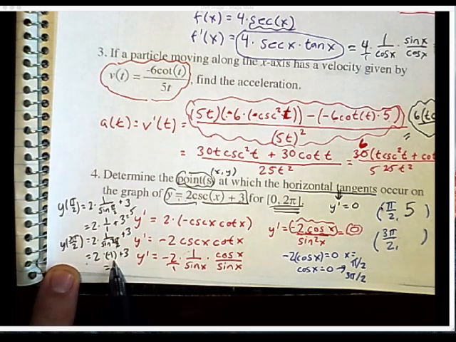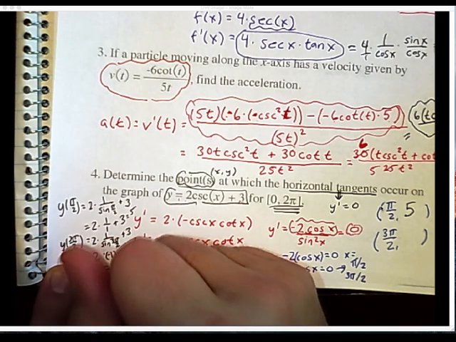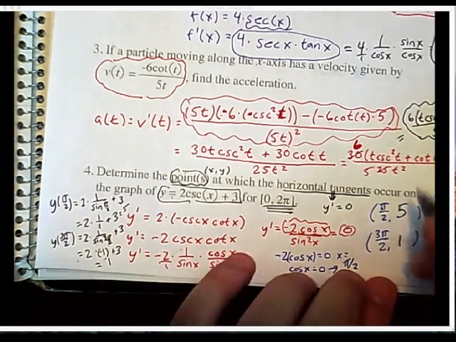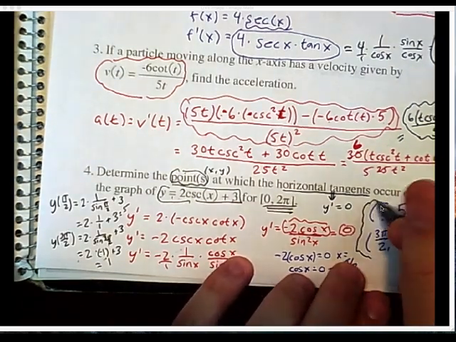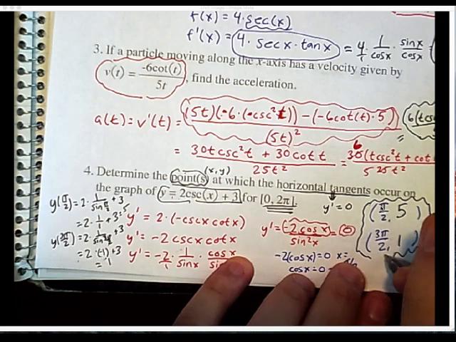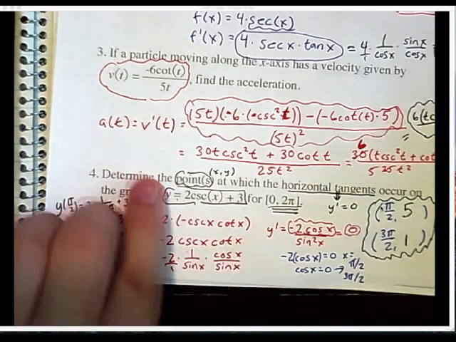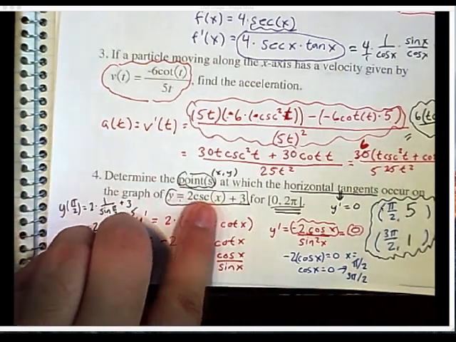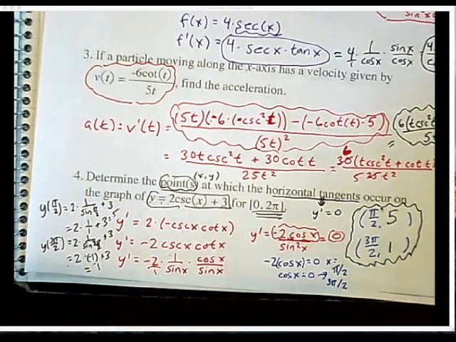So 2 times negative 1 is negative 2, plus 3 is just 1. So these are going to be the 2 points on the original graph, the 2 points on this curve where there's a horizontal tangent. Let's check it to make sure.